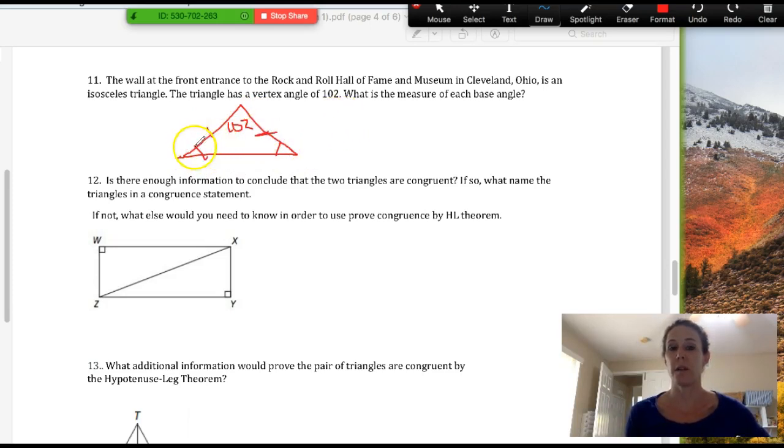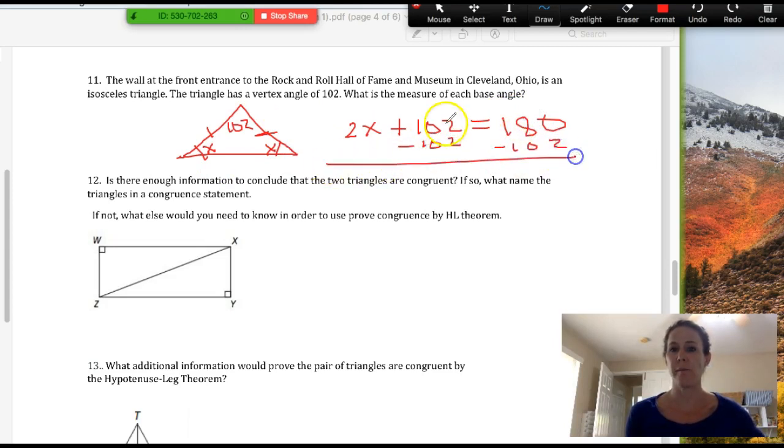So we're just going to name the base angle X. If this is X, this also has to be X. So there's two X's here. 2X plus 102 is going to add up to be all of the angles of the triangle, 180. Subtract 102 from 180. And then you're going to divide by 2.